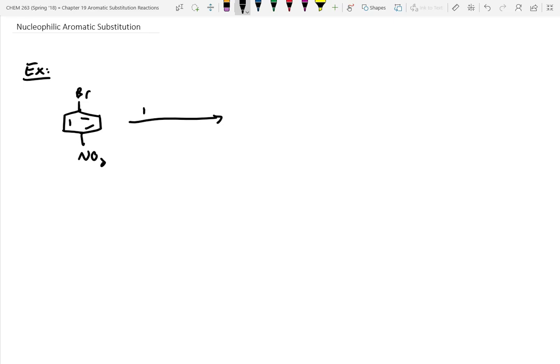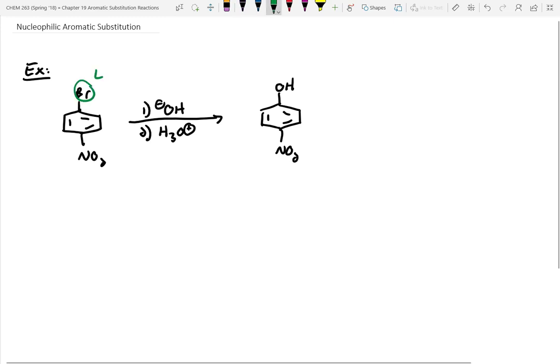You're going to treat this with a strong nucleophile, like hydroxide, and then follow it up with an acidic workup. And when you do these reactions, you can actually swap out your leaving group with your nucleophile. So let's circle this and we'll write leaving group.